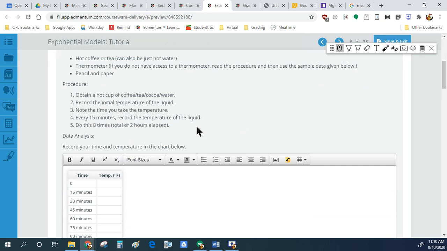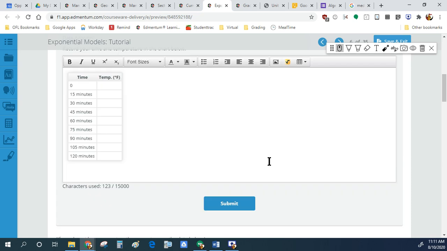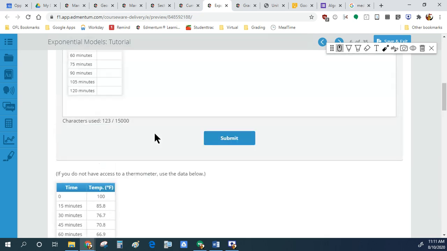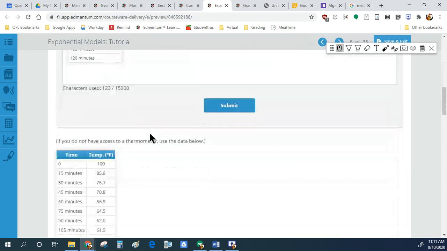We're not actually going to do the experiment. It's more to understand exponential decay. So I'm just going to find something on Google that kind of tells us what we're doing.